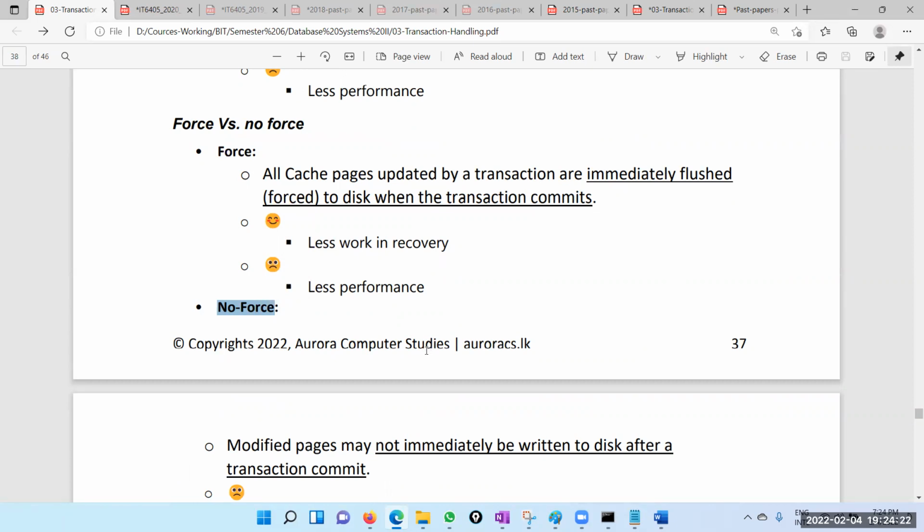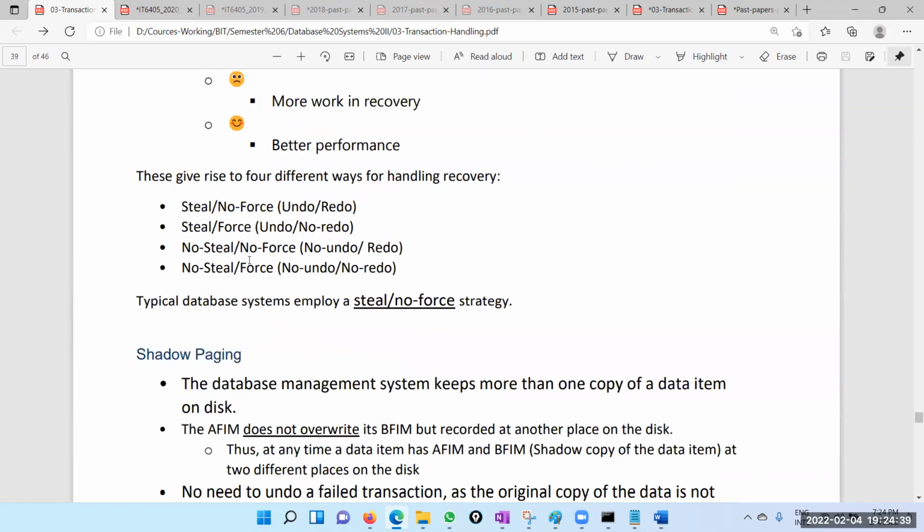So force means at the commit point you flush it. No force means you may not flush it even after committing.